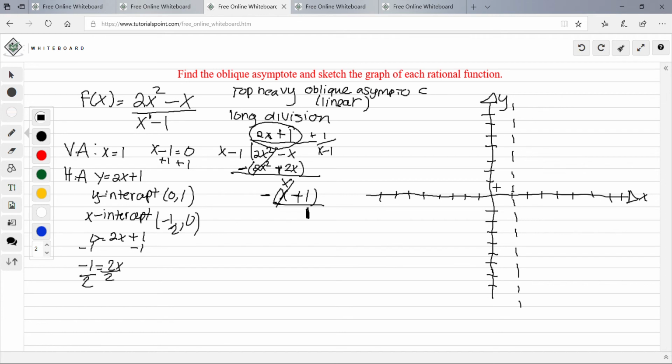So here's 0, 1, and then negative 1/2 is right here. And it's going to be dashed. Remember, for the last problem I said it wasn't dashed because we didn't have a vertical asymptote, but this time we do, so this is going to be dashed. So it's going to look something like this.